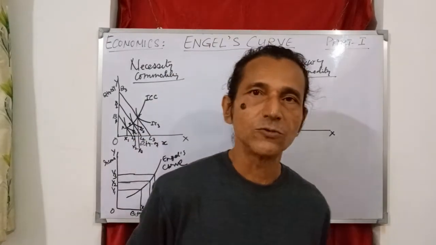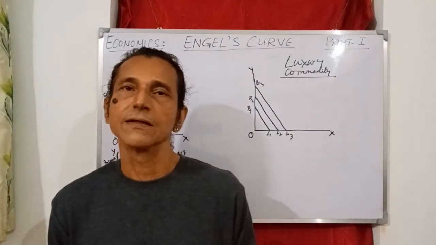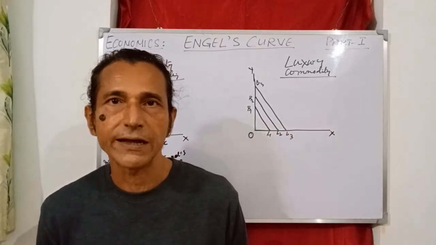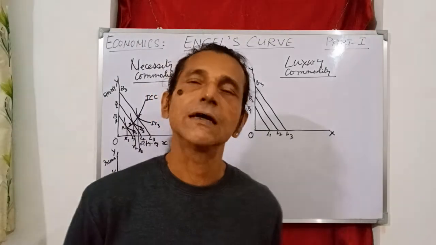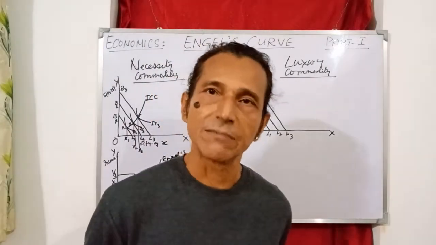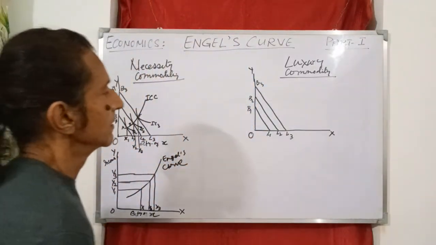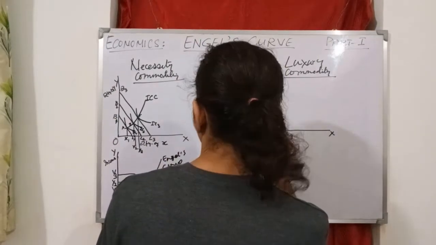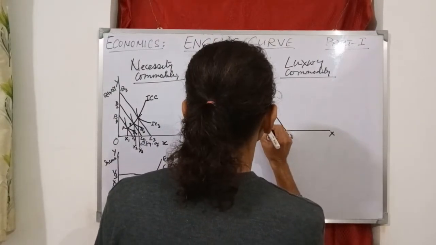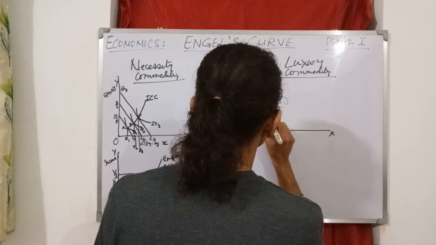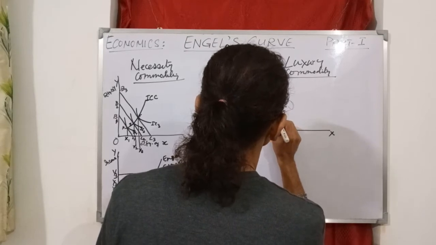They are successively higher budget lines or price lines as the income of the consumer increases by the same amount. And as I have told you, first determine the points, then draw the diagram.